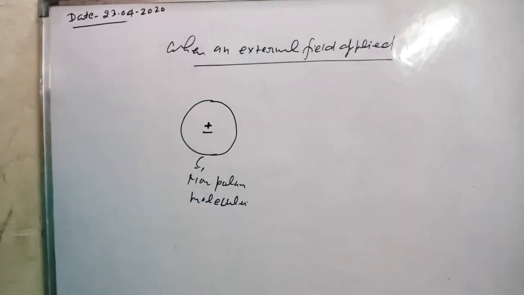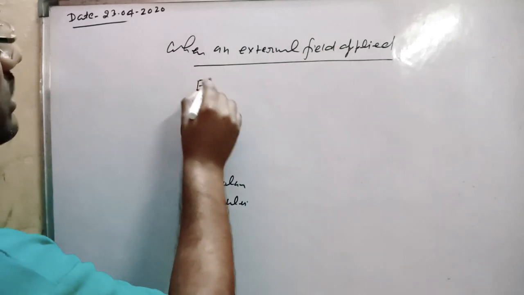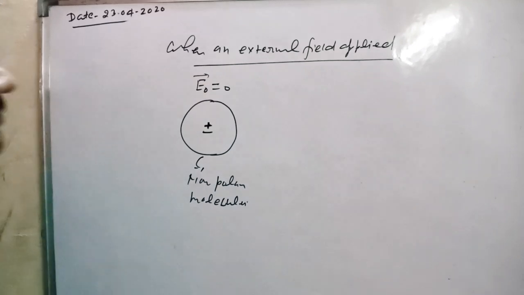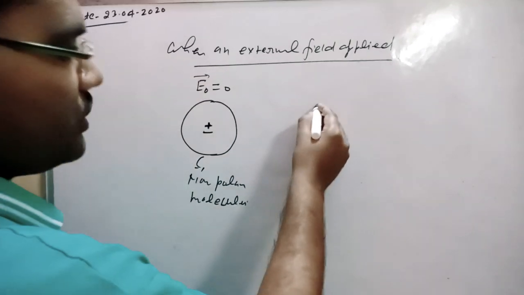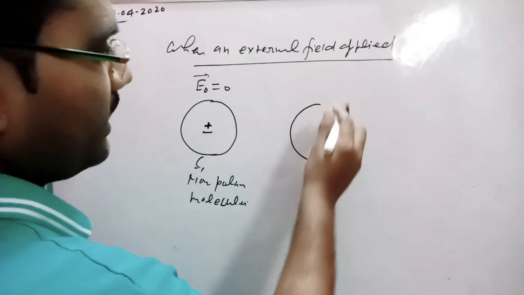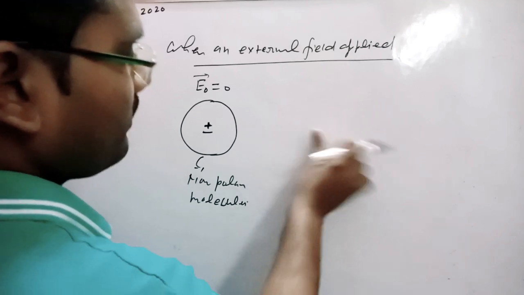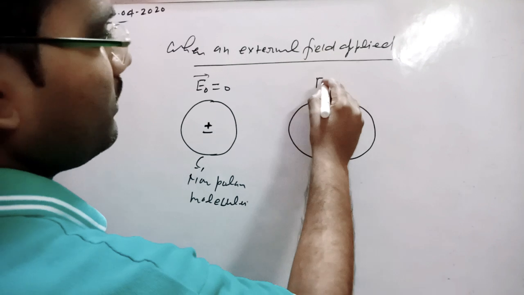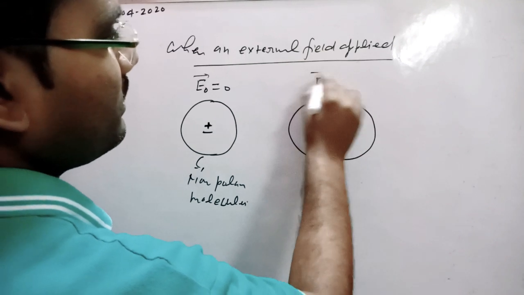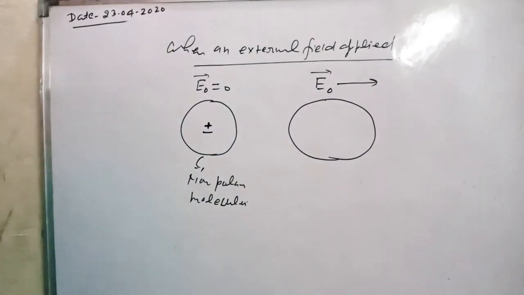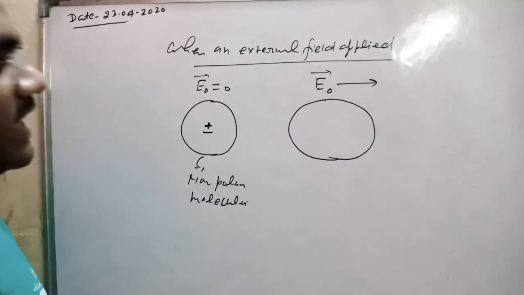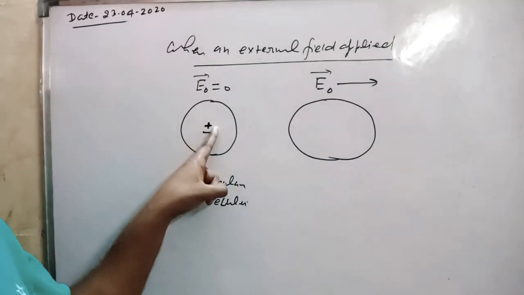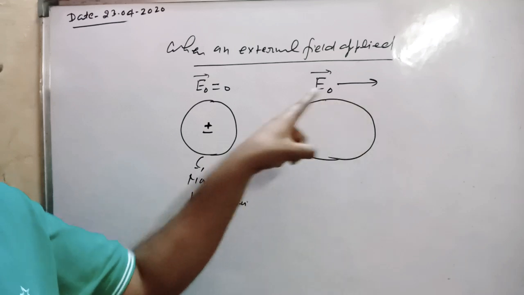Its positive and negative centers coincide at a point. Here there is no external field. When an external field is applied, what happens? Here we apply the external field in the right side direction. The positive charge experiences a force in the direction of the field.